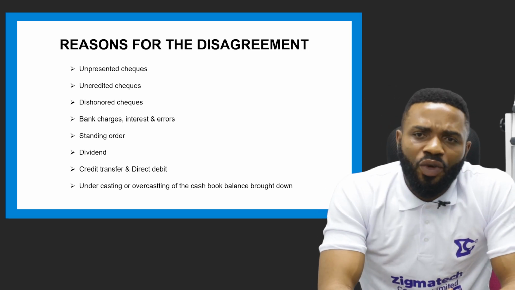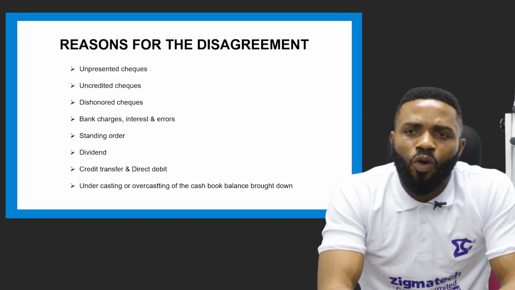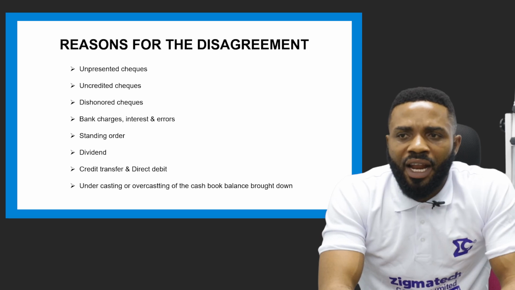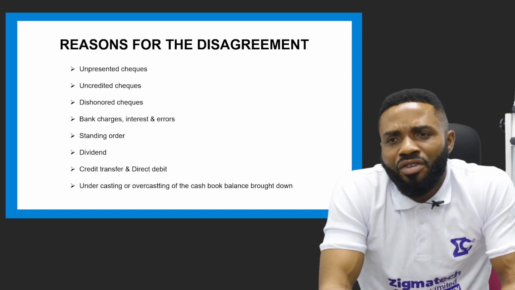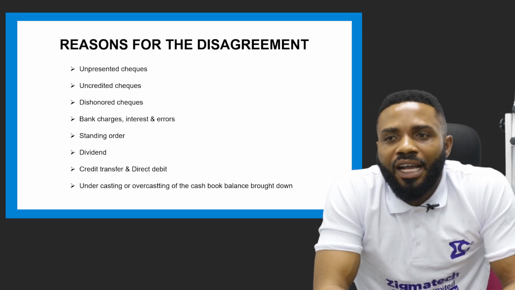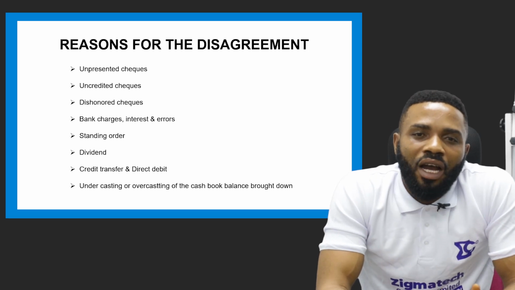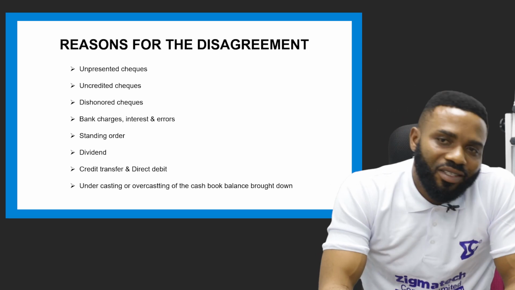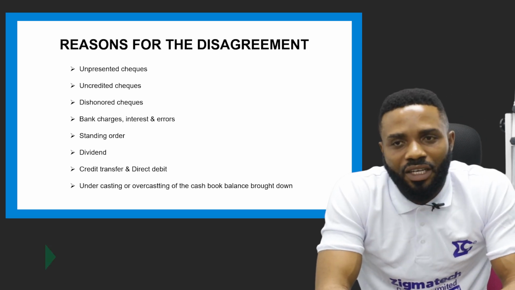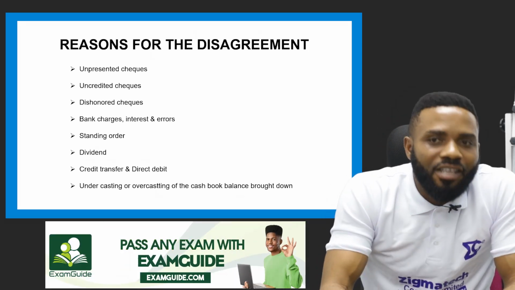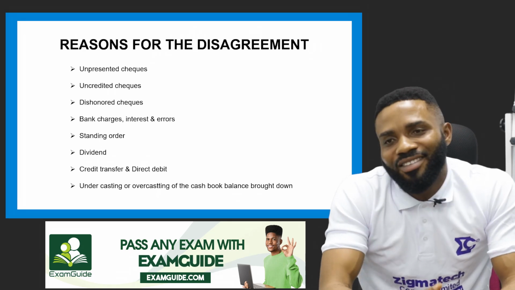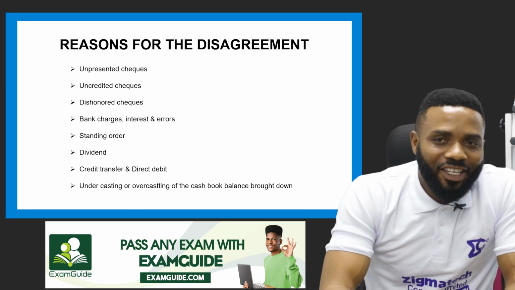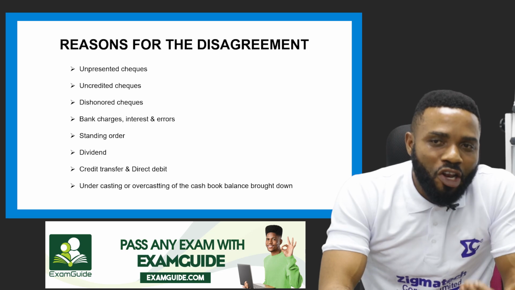Now, the very last one is what we call undercasting or overcasting of the cash balance brought down. You know, we are humans. Most of these things are carried out by human intelligence. So in the process, you can undercast or you can overcast. In accounting, counting is what we call casting. So when you say undercast, you are counting below the figure.